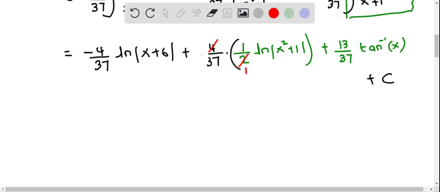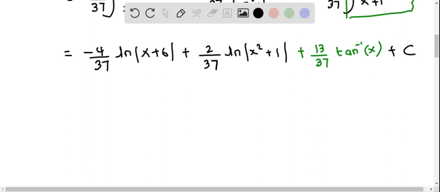So here I have rewritten the expression as 2 over 37 natural logarithm of the absolute value of x squared plus 1.